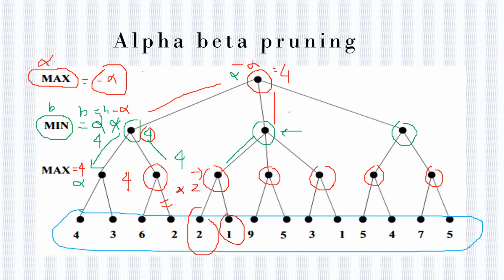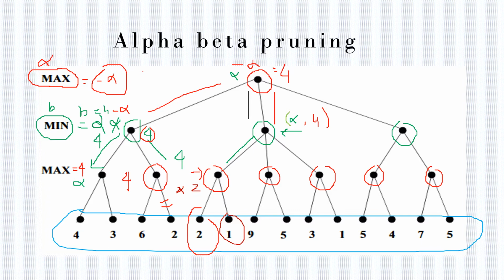Here the value for beta will be positive infinity, and the value for alpha will be 4, because these values have come from the top node.